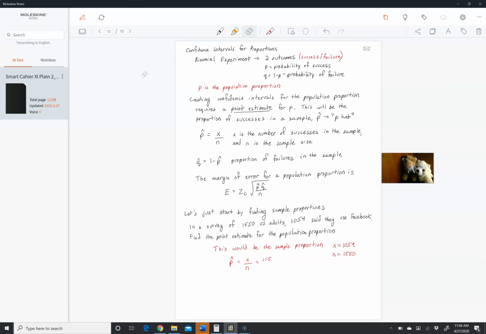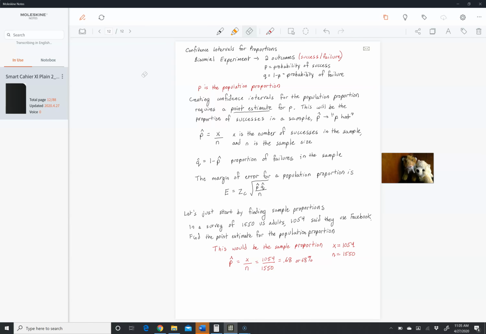So the sample proportion is 1,054 over 1,550, which is 0.68, or 68%. So p hat is 0.68, and our point estimate says that 68% of US adults will use Facebook.